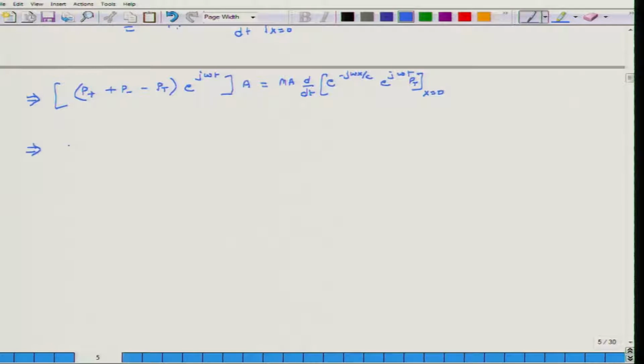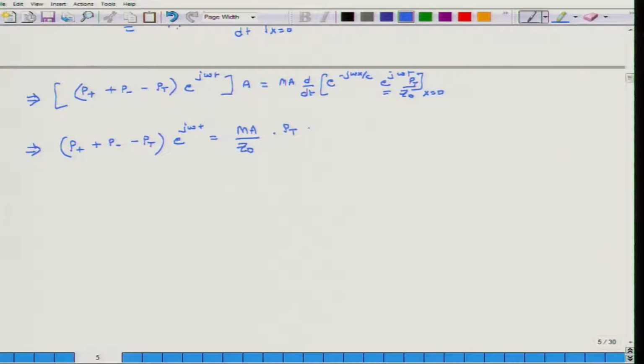So, what I get is P plus plus P minus minus Pt, e to the j omega t, equals m a over Z naught times Pt, and when I differentiate the term in the bracket, only this thing gets affected.